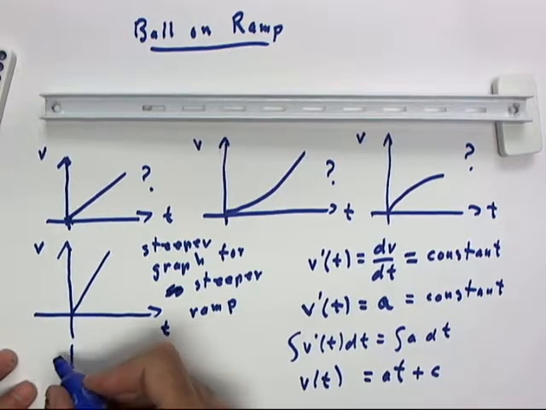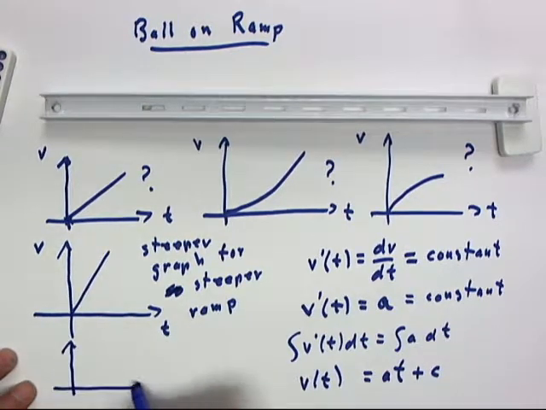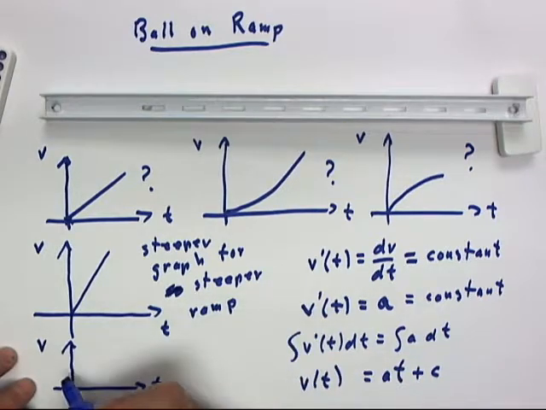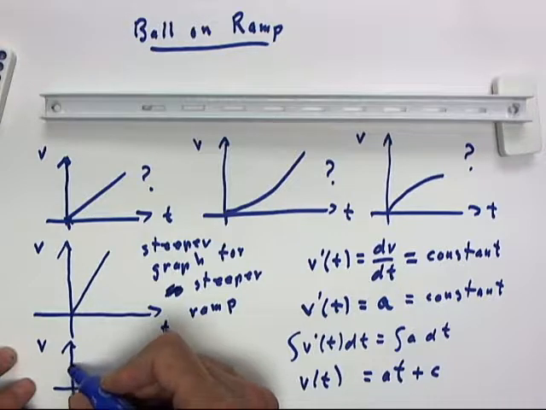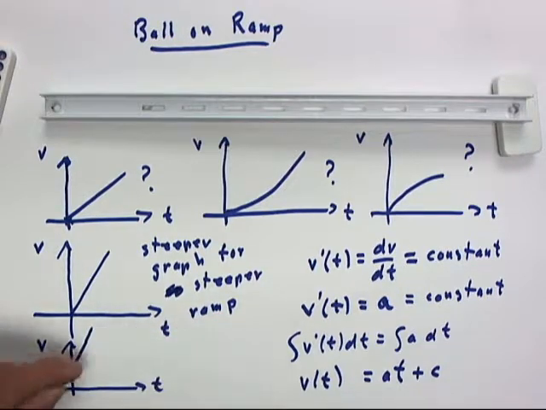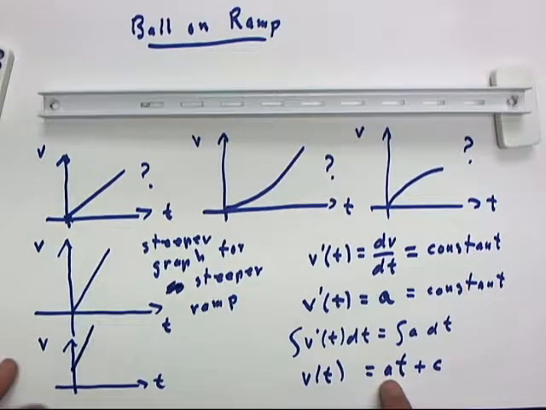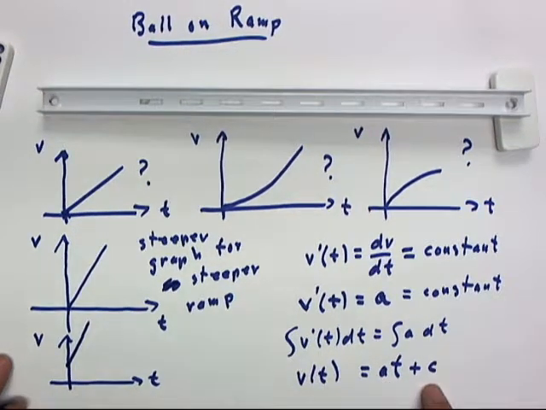So if we were to graph our velocity versus clock time for the situation we just saw, our velocity would start at some non-zero value and increase along the same slope as it would if we started from rest. That is, our value of a would be the same, but our constant c would be different.